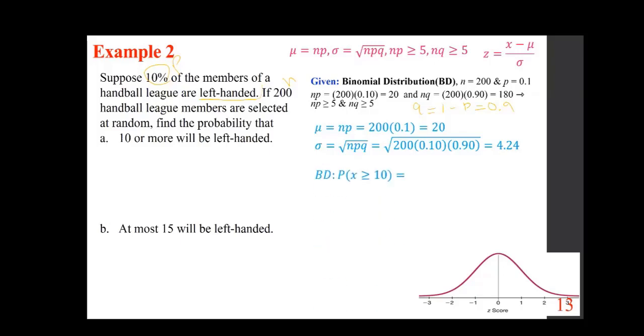It's important to be able to get this out. Binomial distribution tells us the probability of x larger than or equal to 10. So this is what I want you to pay attention to. Remember, we need a 0.5 continuity correction. So to go from a binomial distribution, we have a choice. We either go to probability of x larger than 10.5 or 9.5. Before we do that, let me just make sure that you understand.